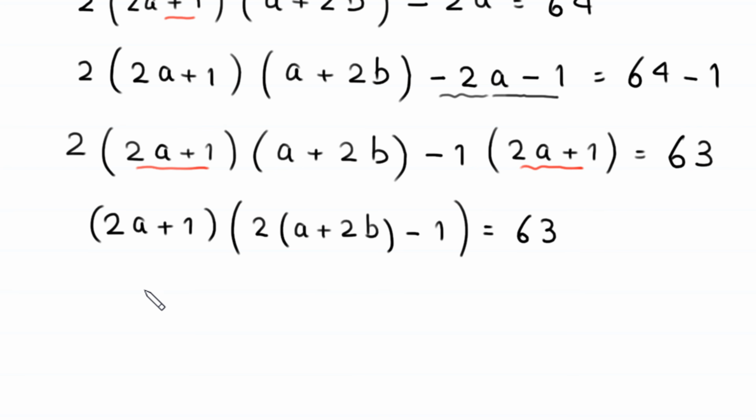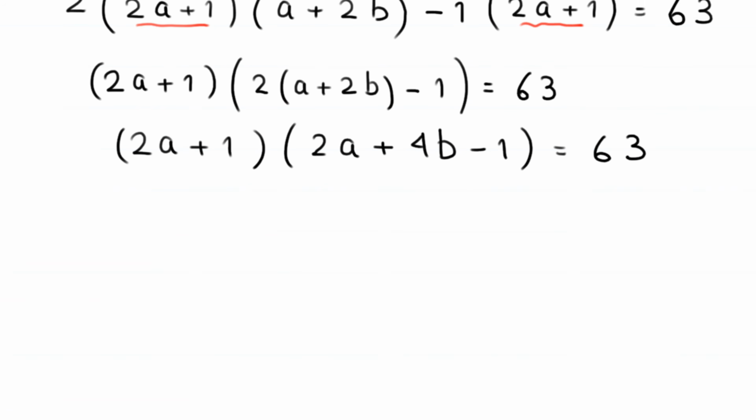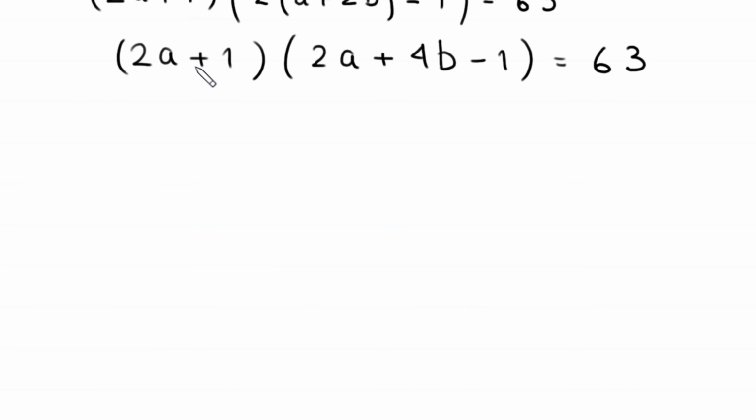Further simplify, this will become (2a plus 1) times (2a plus 4b minus 1) equal to 63, since 2 times 2b is 4b. Now we have a product of two factors on the left hand side, and because both a and b are positive integers, a is greater than or equal to 1 and b is greater than or equal to 1.